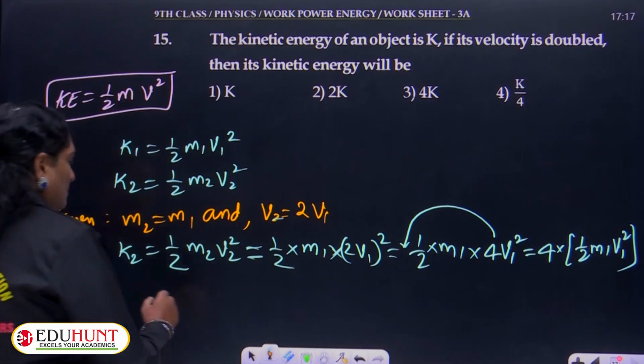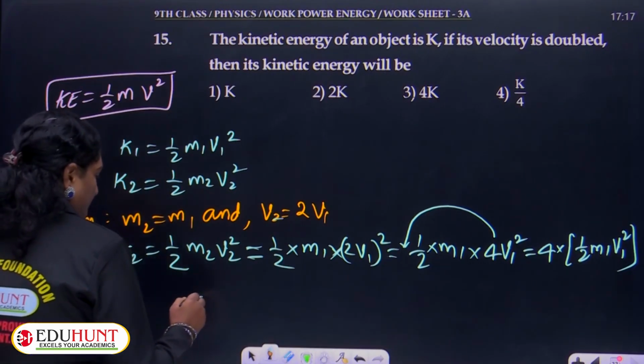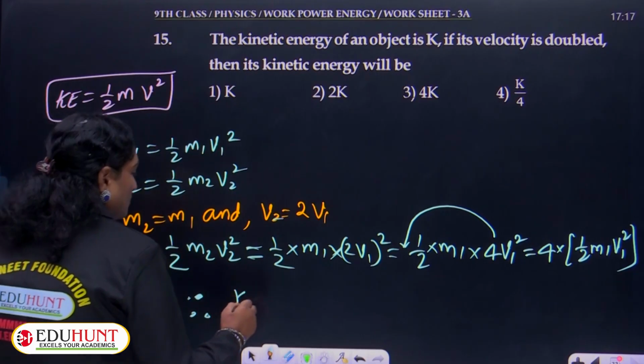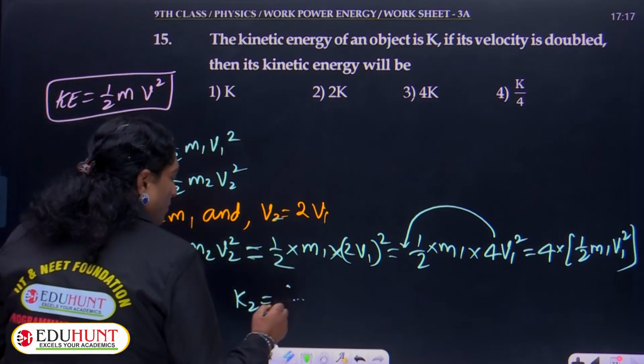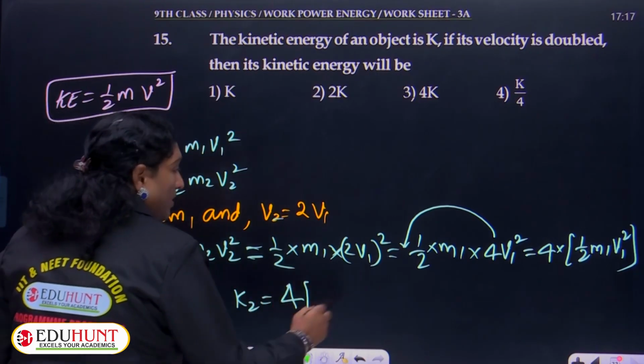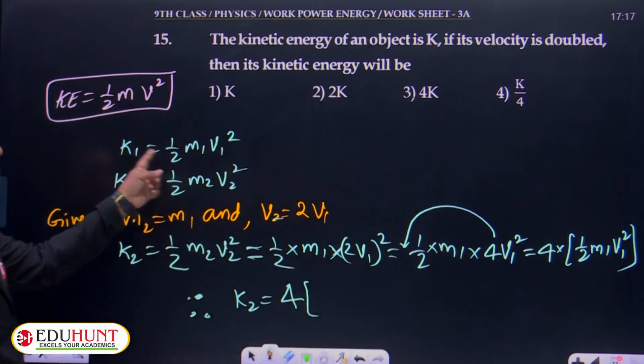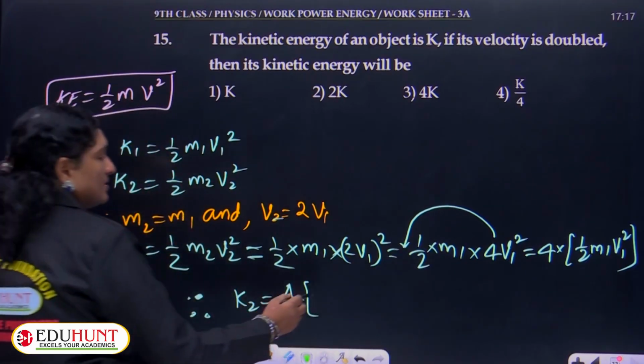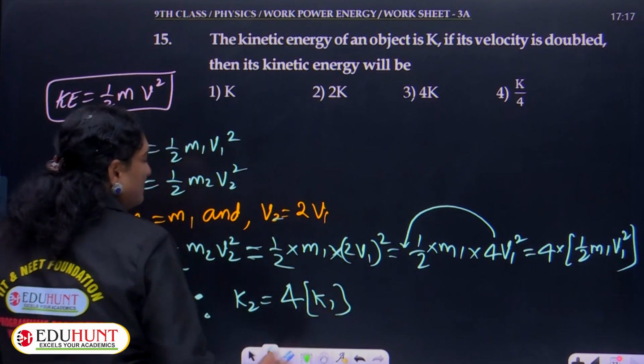Therefore, K2 equals 4 times half m1 v1 square, and half m1 v1 square is K1, so K2 is 4 times K1.